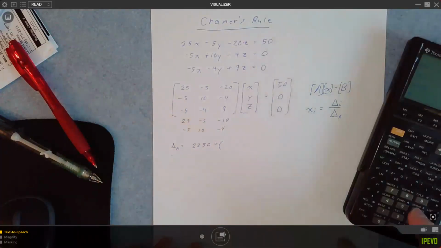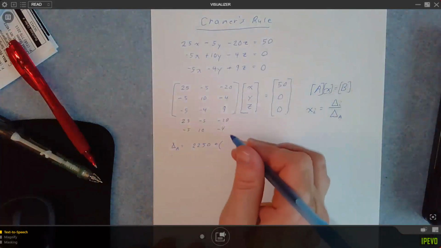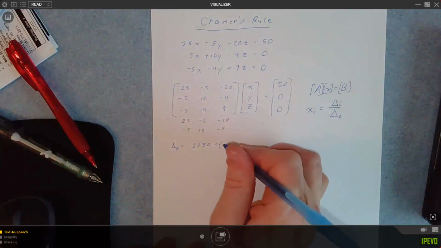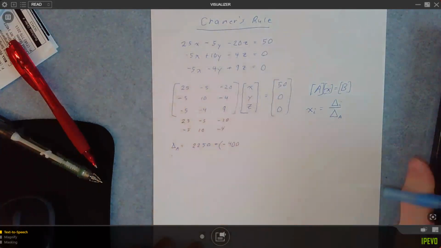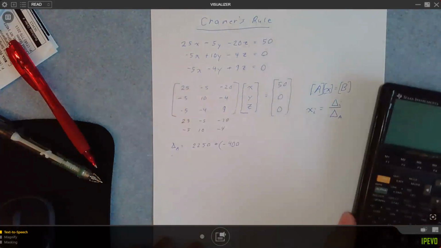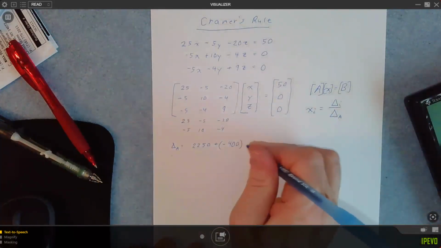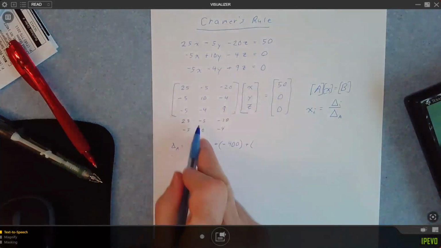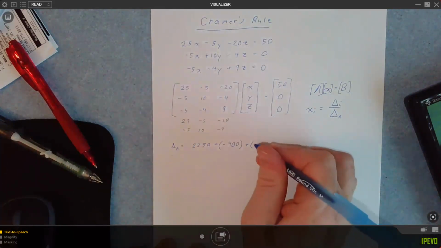So we've got 20 times 20, but it's a negative, right? Because negative times negative is positive, times a negative is a negative. So we've got plus a negative 400. And then we've got minus 5, minus 5, and minus 4, right? So 5 times 5 is 25, and 25 times 4 is 100. This is a negative 100.